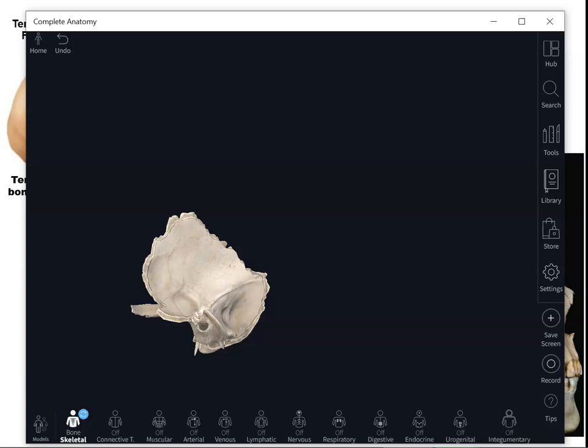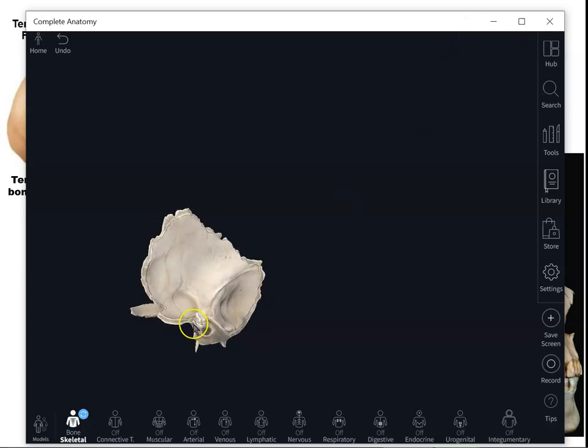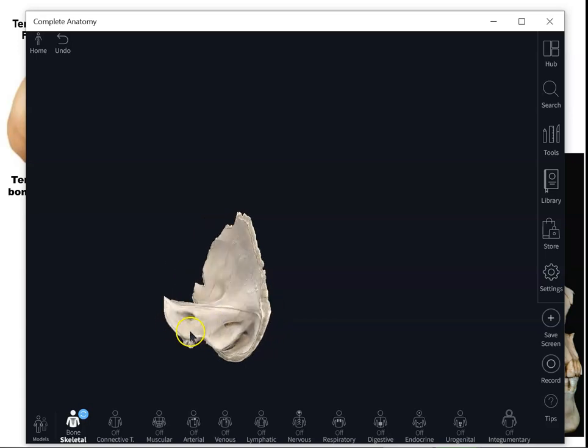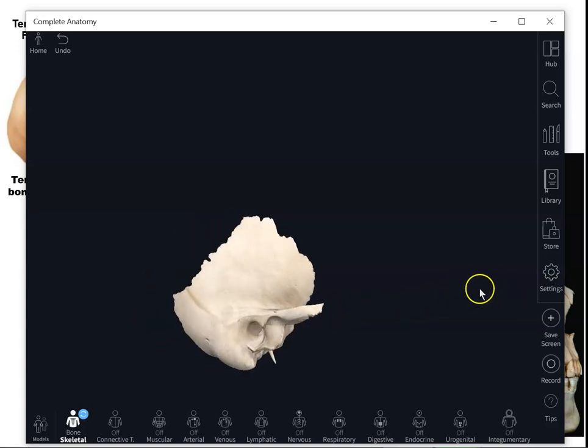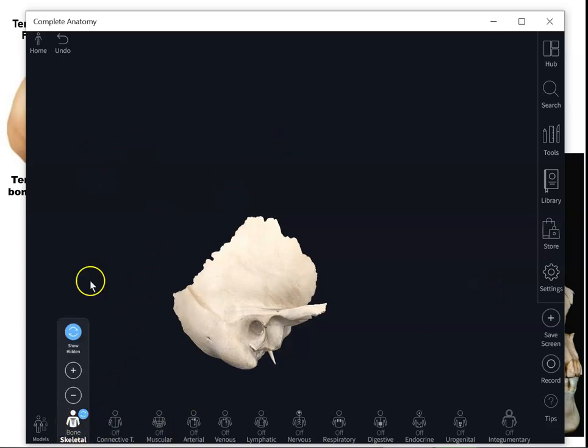You will find foramen and you'll find foramina. They refer to the same thing, but foramen is one, it's singular. Foramina is two or more, it's plural. So there are many foramina in the petrous portion of the temporal bone. And that's what I want to show you about the temporal bone.